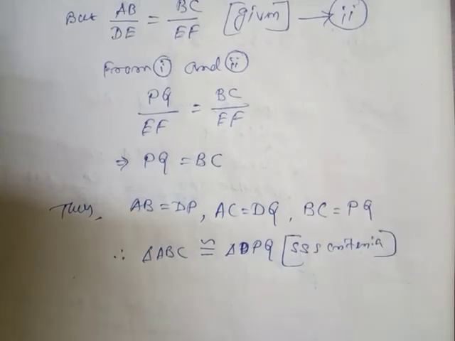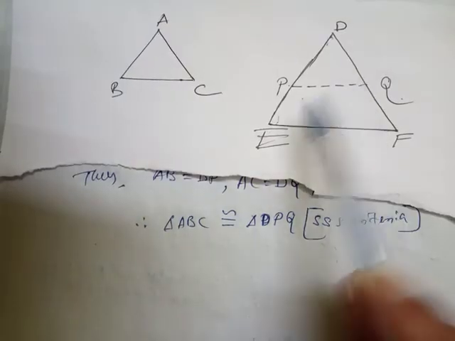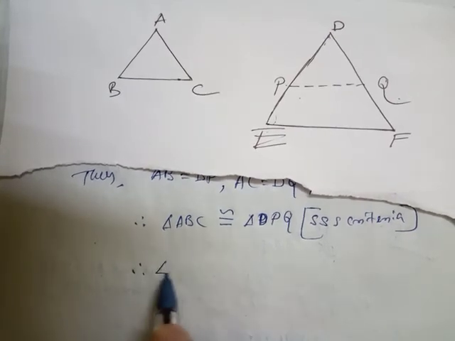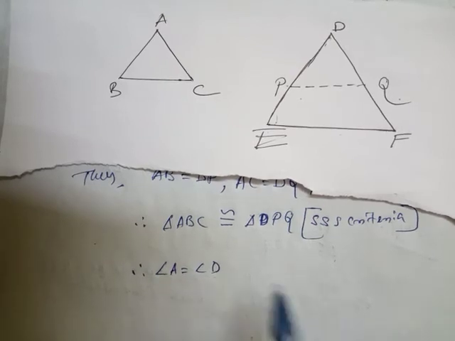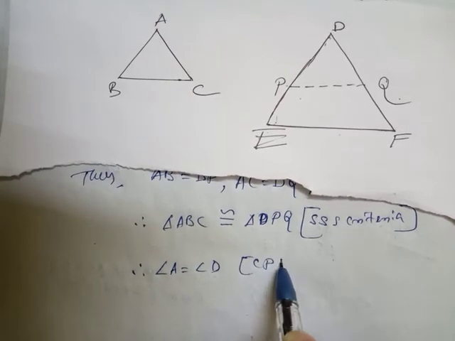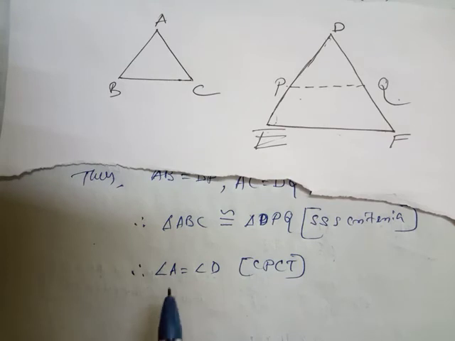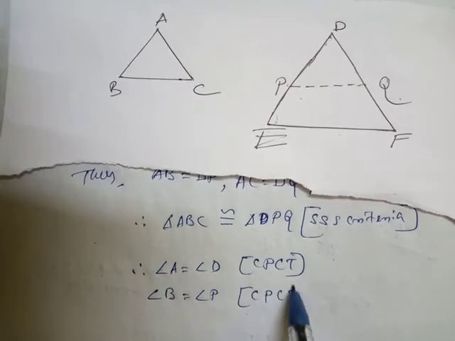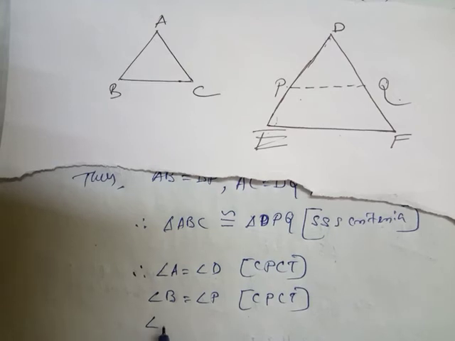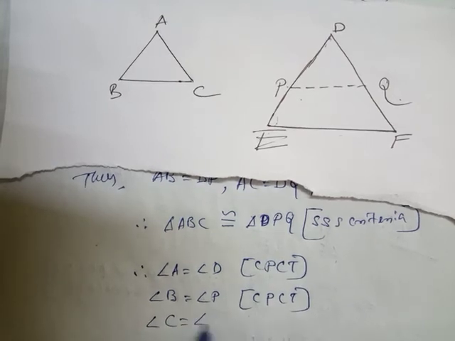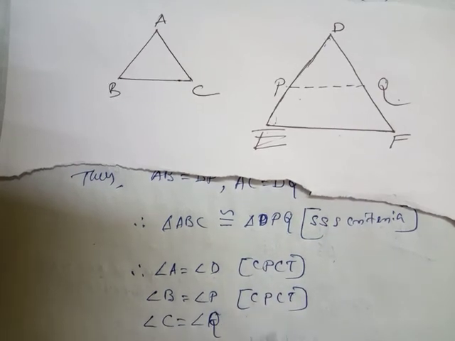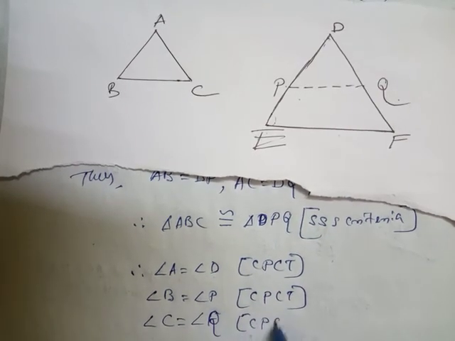Now look, students, triangle ABC and triangle DPQ are congruent. So you can write that therefore angle A equal to angle D, also CPCT, then angle B equal to angle P, also CPCT, then angle C equal to angle Q, also CPCT.